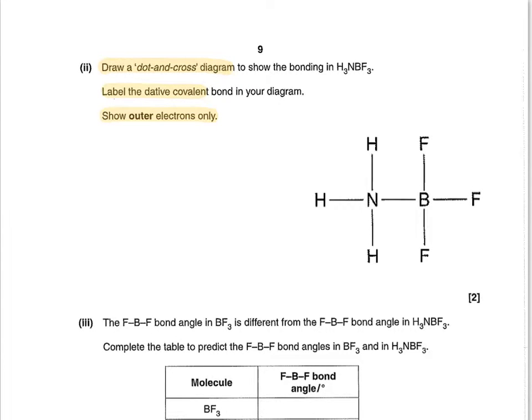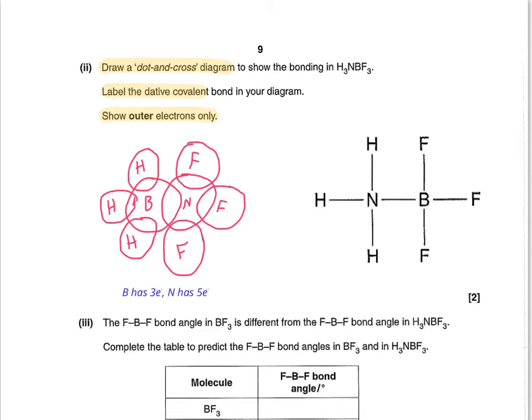So there it is, and if we think about the number of electrons in boron and the number of electrons in nitrogen, nitrogen has 5 electrons, 2 more than boron, so the direction of donation will be from nitrogen to boron. So I've just realised I got the N and the B the wrong way around in my dative covalent bond, so I can pop that in there.